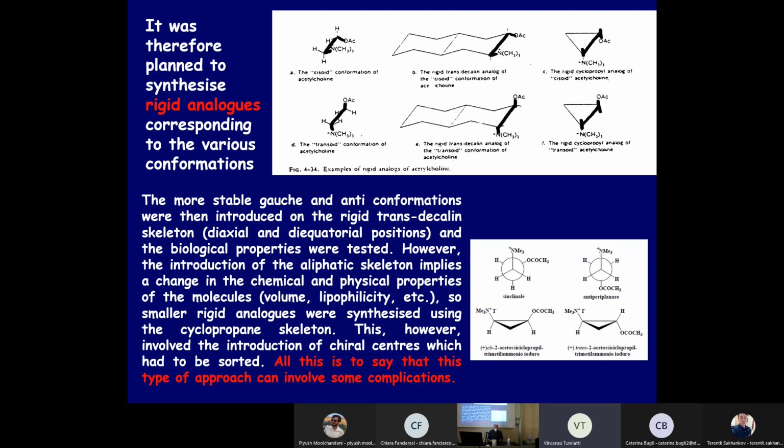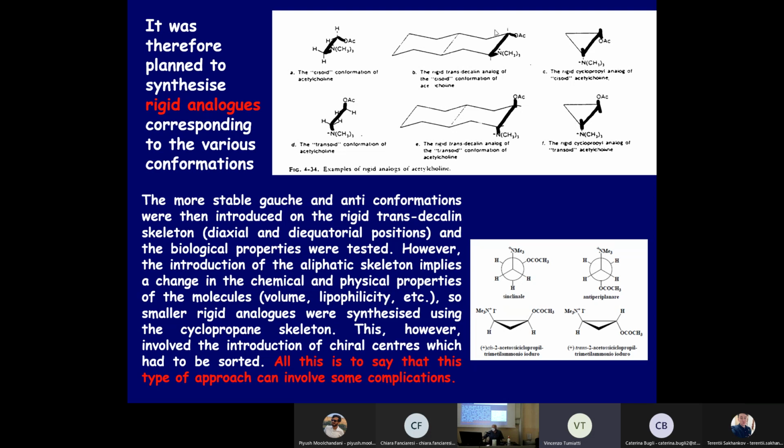How can we know the active conformation of acetylcholine? I have to introduce a rigid element. I have to block in some way the mobile structure, the flexible structure of acetylcholine. How?